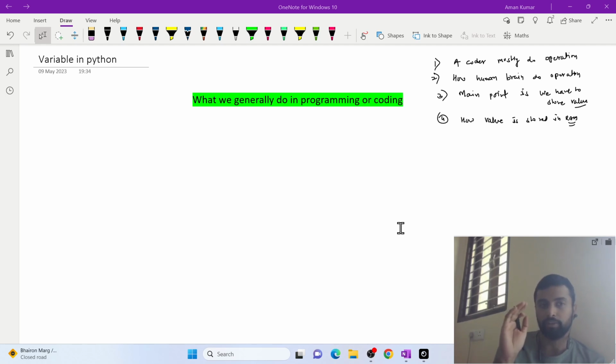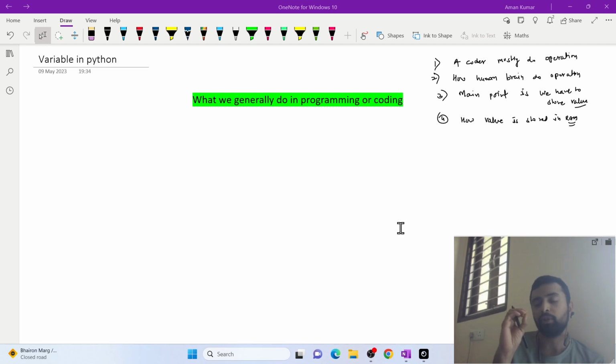If you are learning variables in Python, the same concept is available in every programming language, whether C, C++, Java, Ruby, JavaScript, any language you name. You will come across this concept in any programming language.